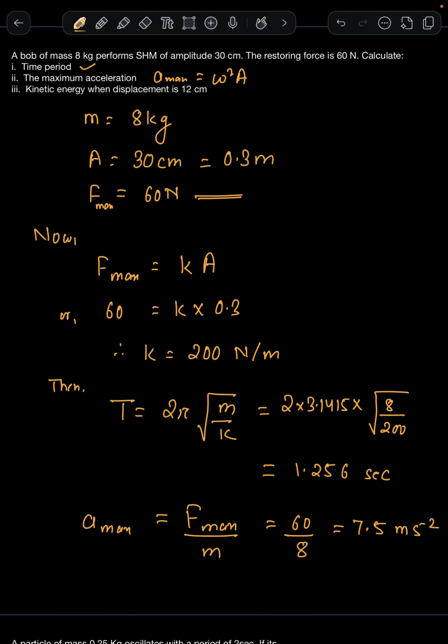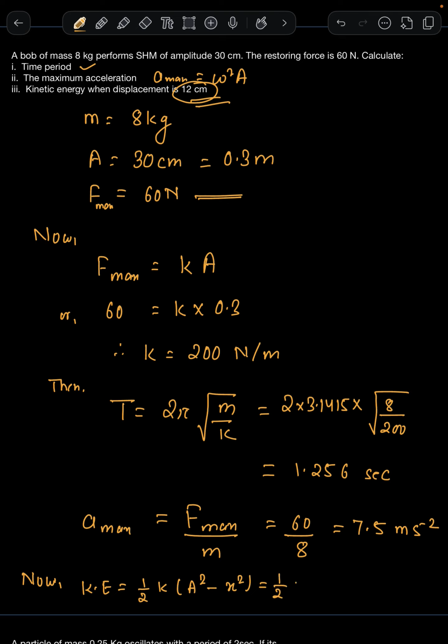And at last, kinetic energy. We have left a little bit of space because the next question is below the line. So the formula for kinetic energy of simple harmonic motion is half into force constant into a square minus displacement square. Displacement is 12 cm.